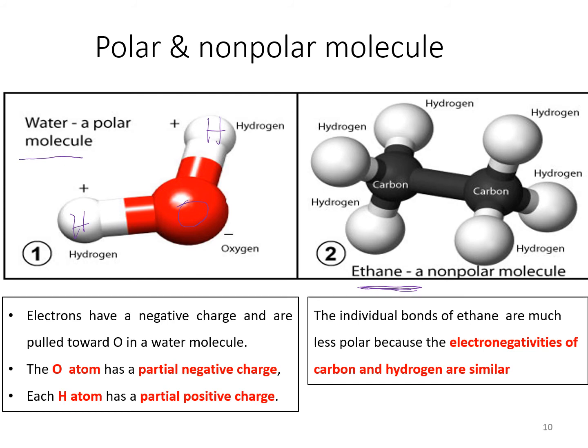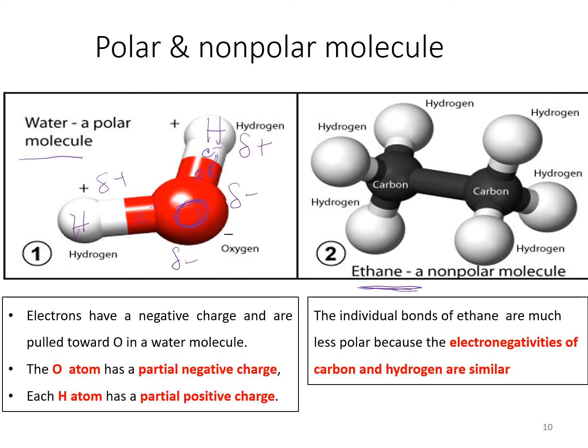The hydrogen atoms each have a partial positive charge, and the oxygen has a partial negative charge. Electrons have a negative charge and are pulled toward oxygen in a water molecule.